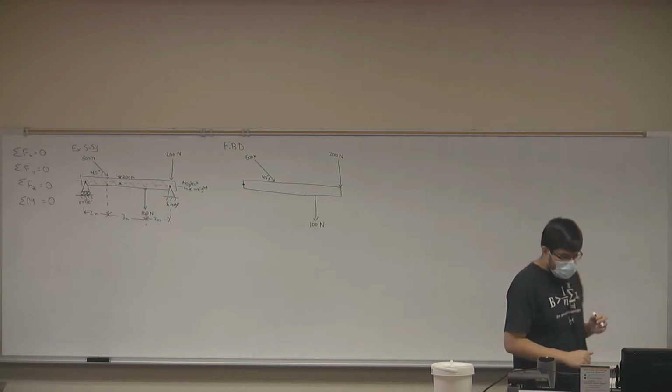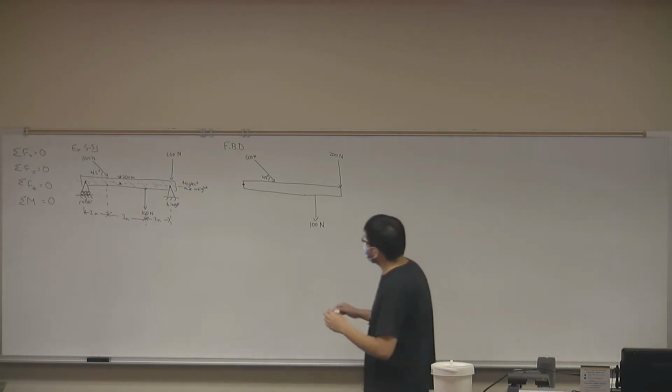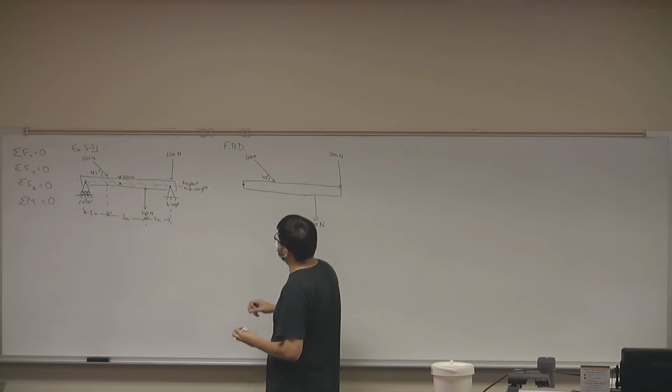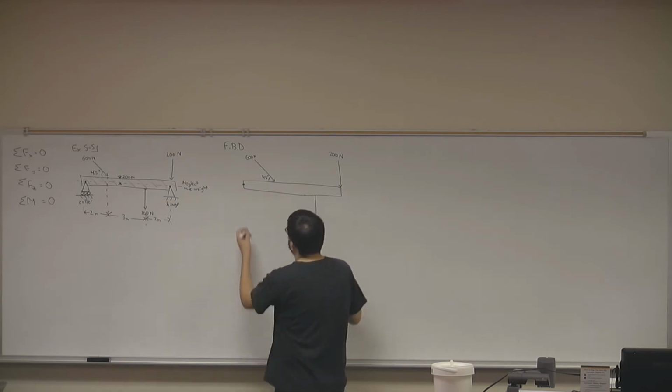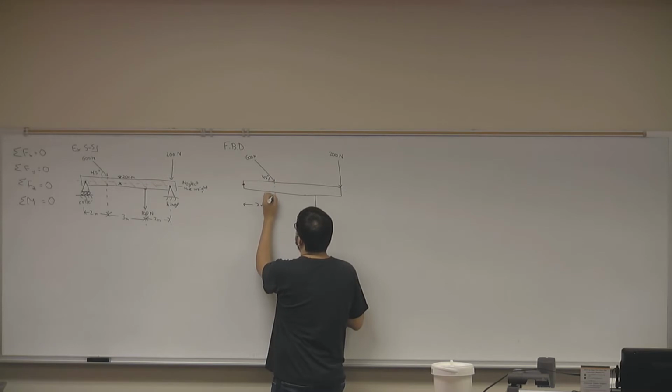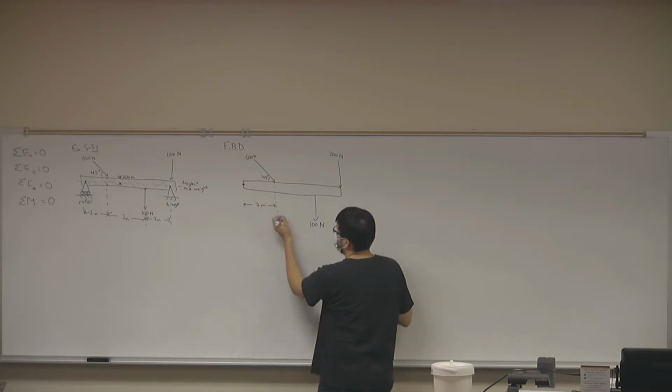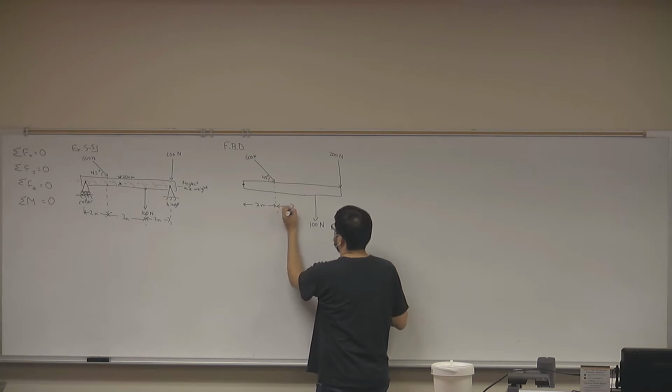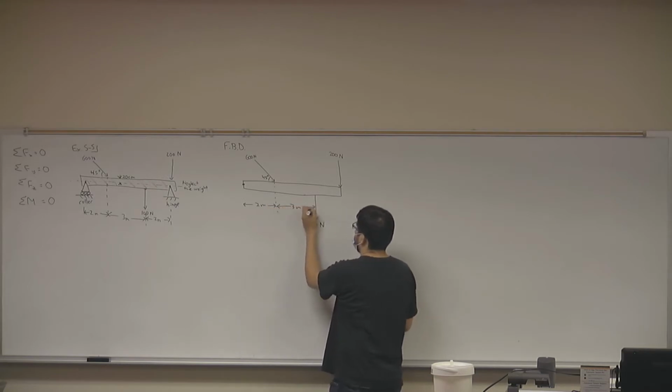Okay? So if this is my origin, we know that this 600 Newton force is acting at a horizontal distance of 2 meters from my origin. We know that this 100 Newton force is acting at 3 meters from my origin.